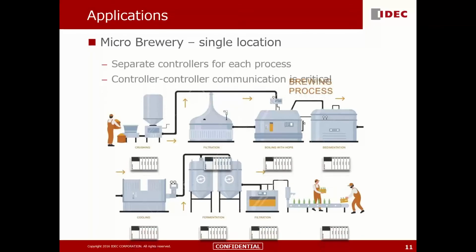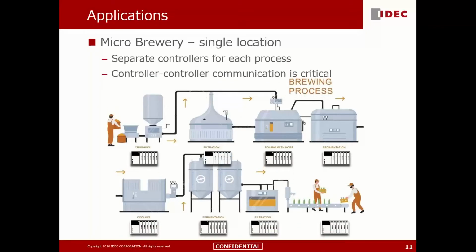And each process is controlled by a single PLC or a single controller. Like the crushing system will have its own PLC, the filtration system will have its own, cooling, fermentation. Each process has its controller controlling that process.